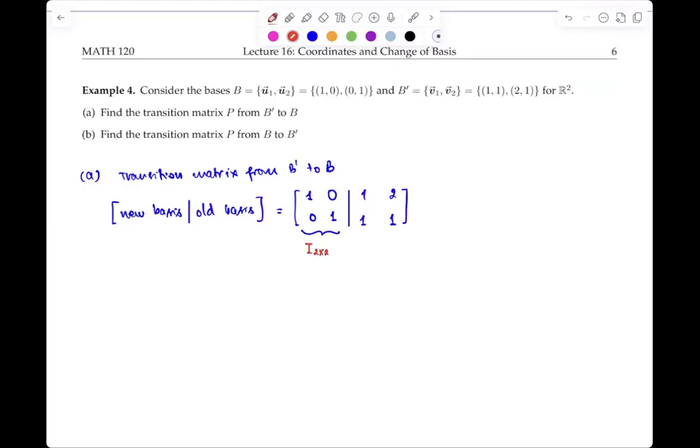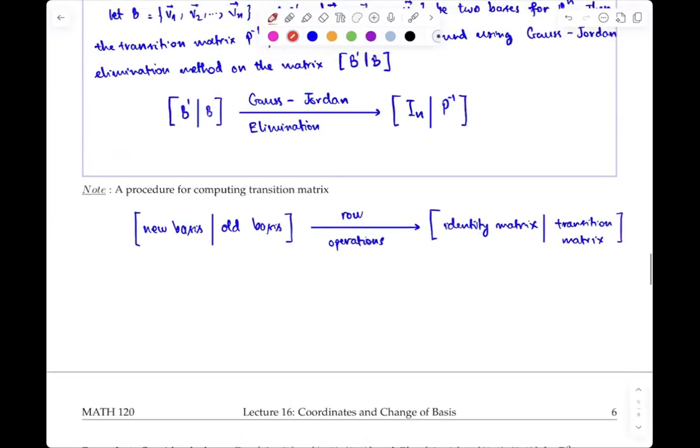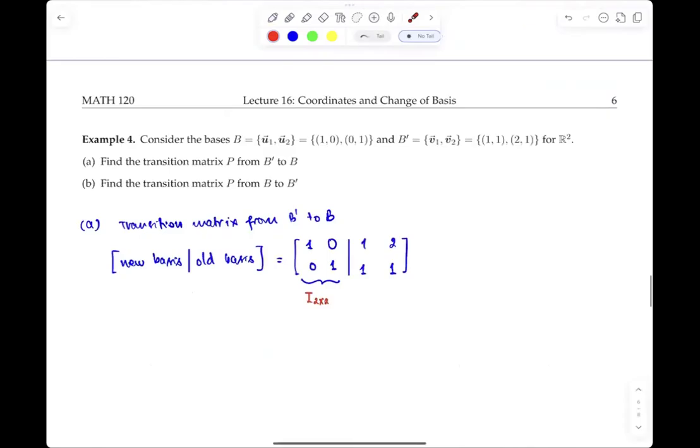By setup, if the left-hand side of the vertical line is the identity matrix, then the right-hand side should be the transition matrix. So there's nothing for us to do there, we just need to draw the conclusion. In this case, this one is the transition matrix from B prime to B.